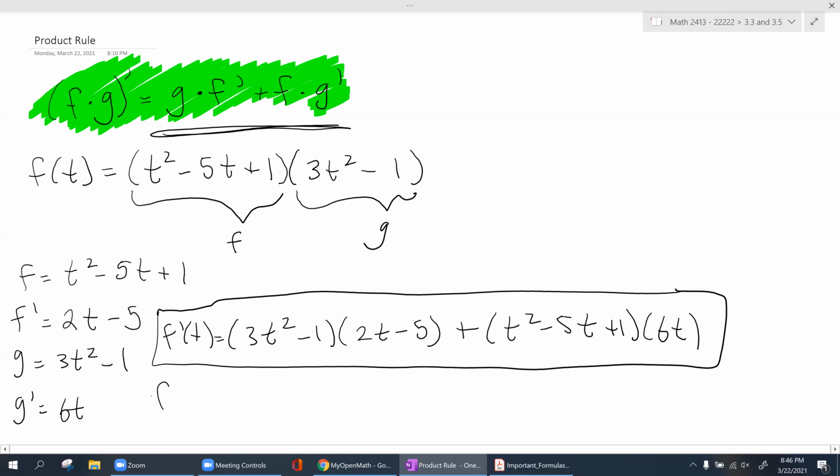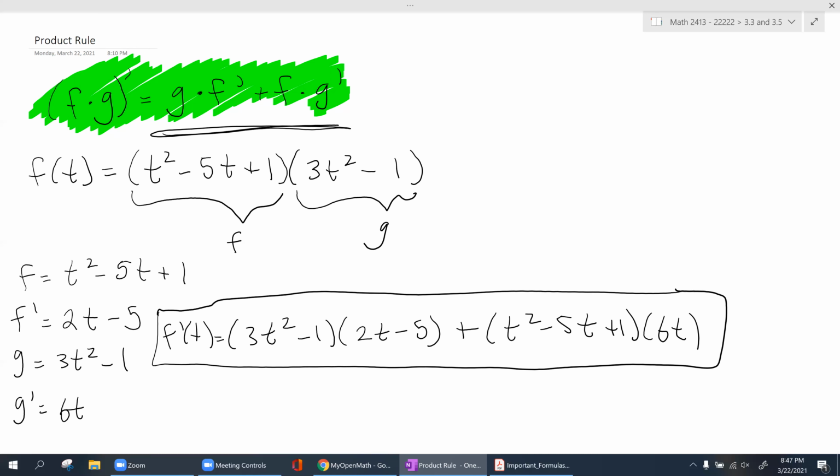If I were to say, find F prime of t whenever t equals 7, all you would do there is plug in 7 for every t that you have. And at this point, yes, you would have to simplify. You would have to apply PEMDAS and get everything to one value. If you simply plug in 7 and don't simplify, you're going to lose points for that. So just remember that. That right there is known as the product rule.